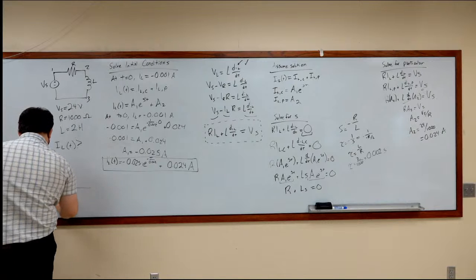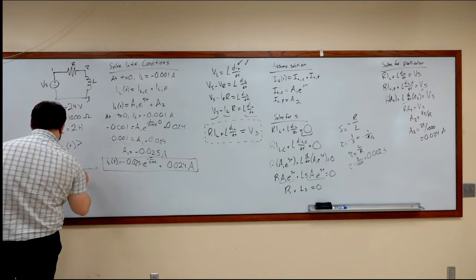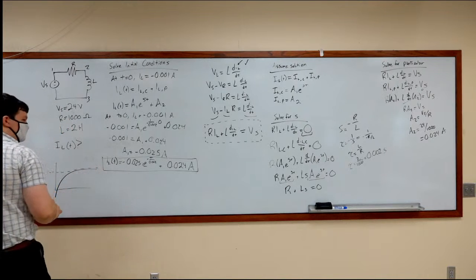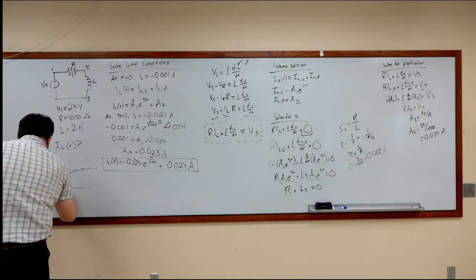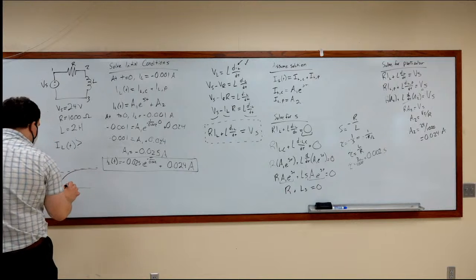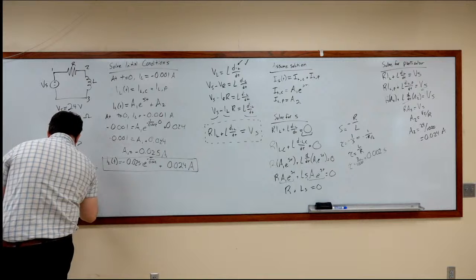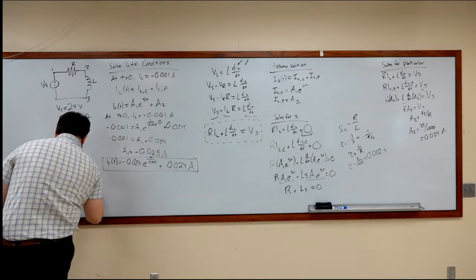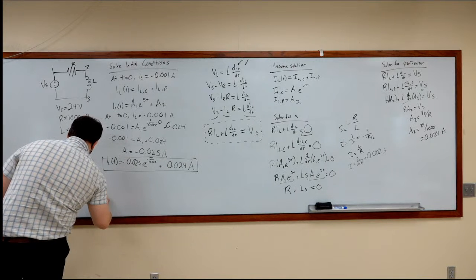I'm going to plot this like this. This is at t equals 0. This will be at t equals 0.002 seconds. This will be at 0.004, 0.006, 0.008, and lastly, 0.01.